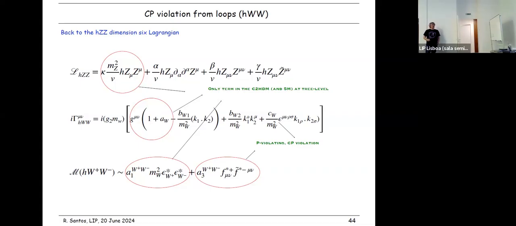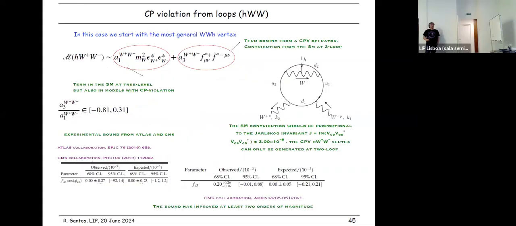So this would be the CP-violating term. And you could ask yourself, is it worth it to look for CP violation in the HW coupling? In the Standard Model, CP violation comes in at three loops, and so the answer is no. This is like 10 to the minus 20 something, so there's no way you can reach this number.